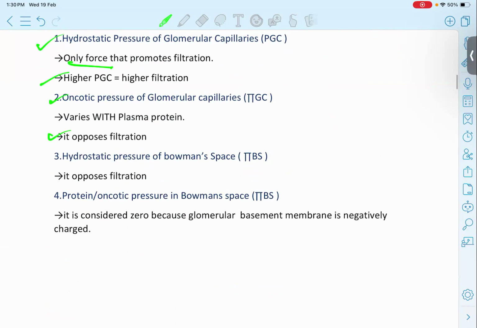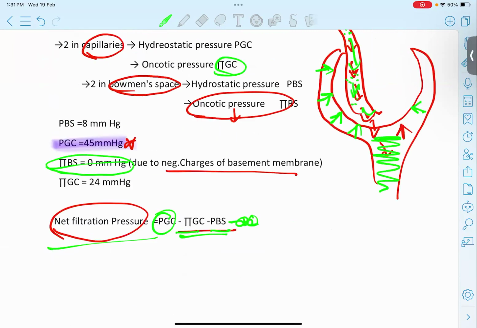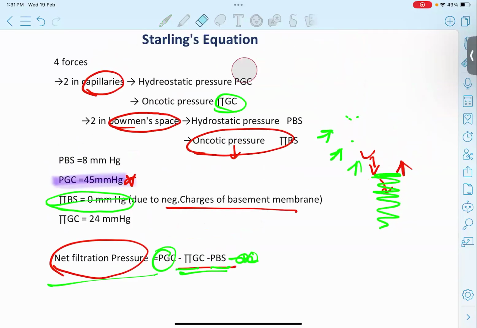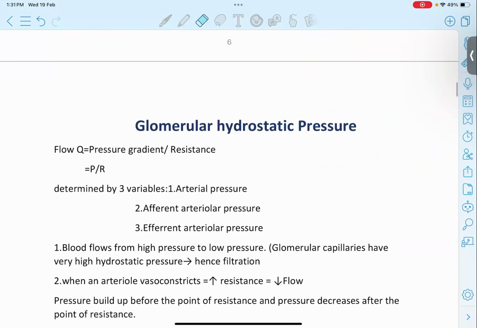Next, hydrostatic pressure of Bowman space is also opposing. And the oncotic pressure of the Bowman space is zero, because there is no protein that can pass into this space, so we don't need to calculate that because it's zero. So that is all about Starling's equation.